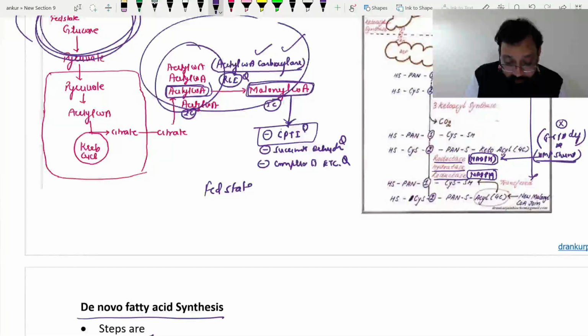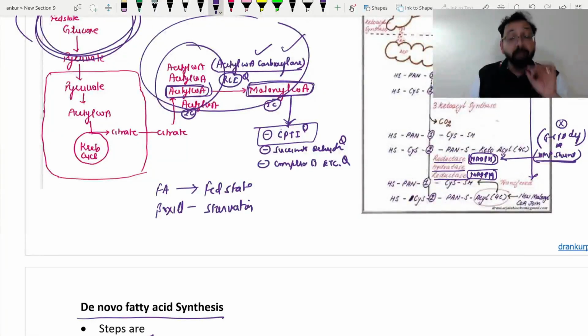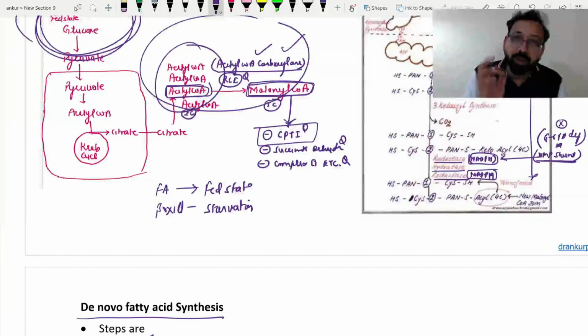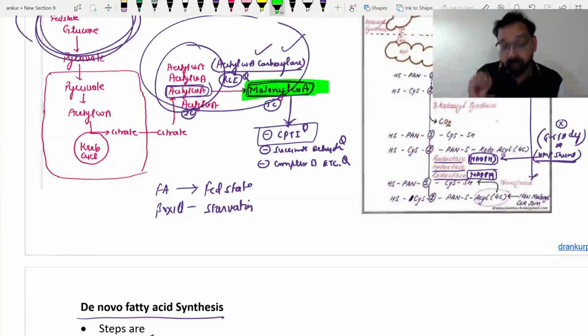Fatty acid synthesis occurs in the fed state. Beta oxidation occurs in starvation. So in the fed state, is there any need of beta oxidation of fatty acid? No. In the fed state, we have a sufficient amount of glucose to produce energy. There is no need of beta oxidation. That's the reason that when fatty acid is being synthesized, malonyl coenzyme A is synthesized.